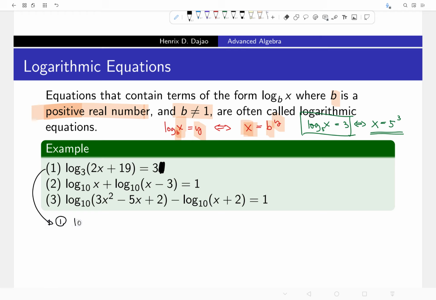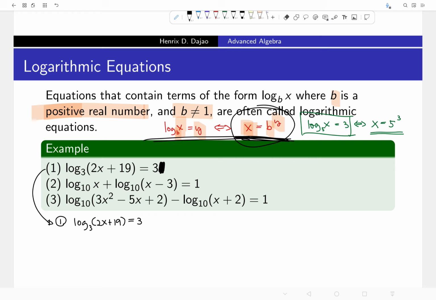We have the logarithm of the quantity 2x plus 19 with base 3 is equal to 3. Now, our objective here is to get the value of x. So to get the value of x, we will use this equivalence right here.